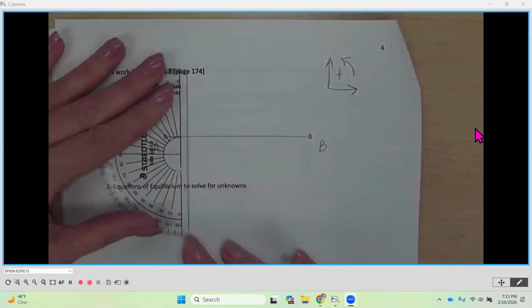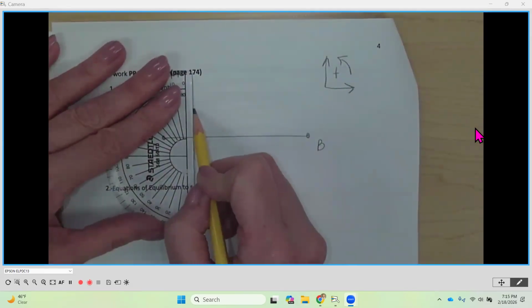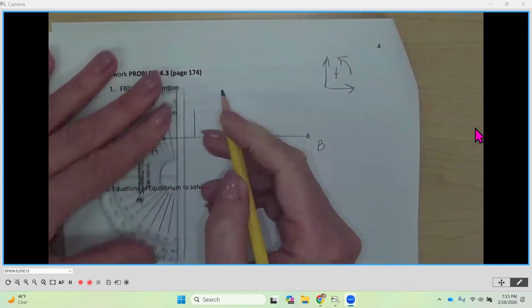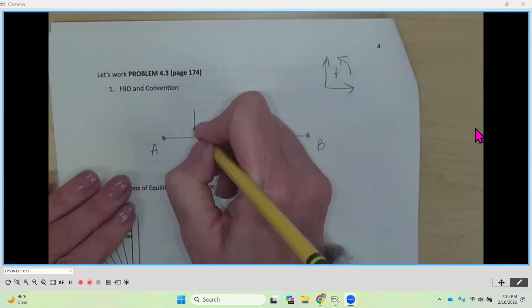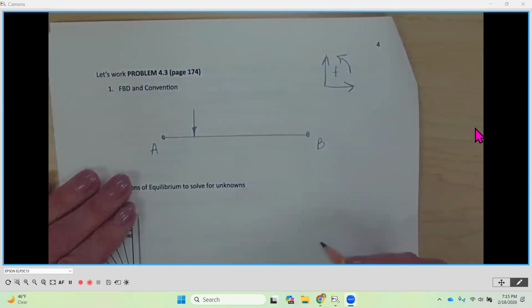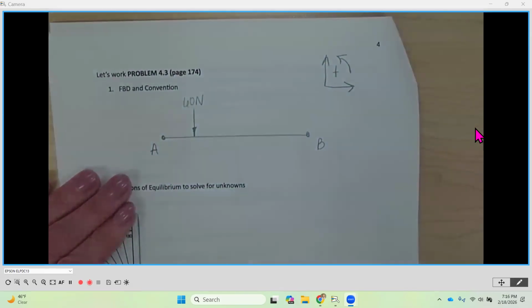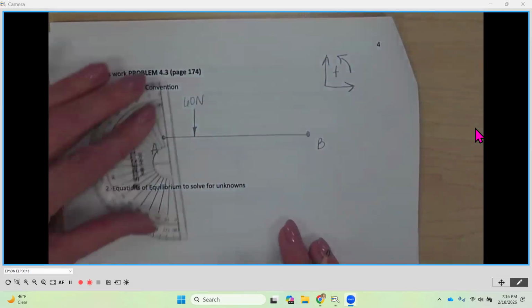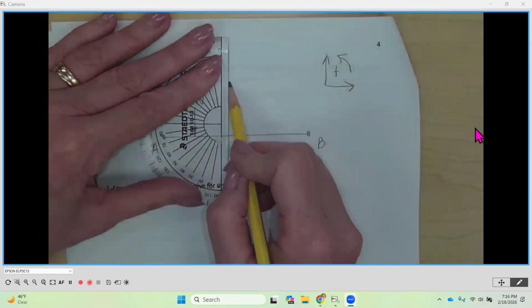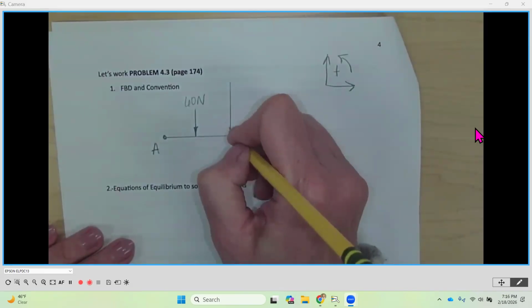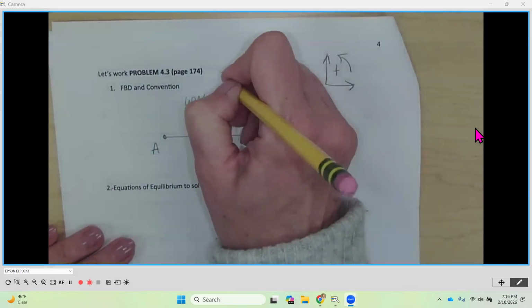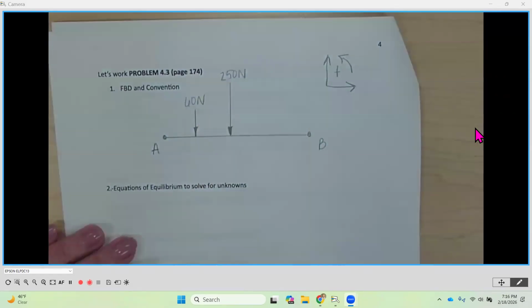Now, we're going to show that 60 newtons. That's the weight of the wheelbarrow at its center of gravity. And this is 60 newtons going down. Then we've got the 250 newtons, and that's going down.